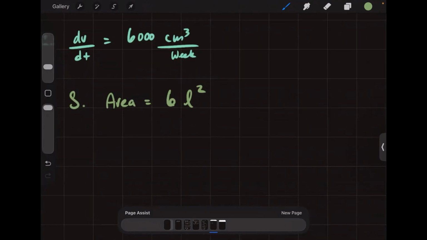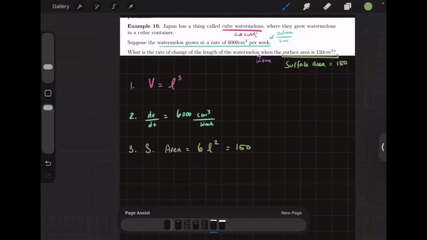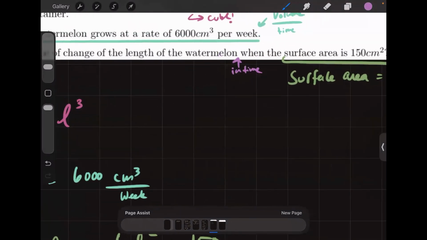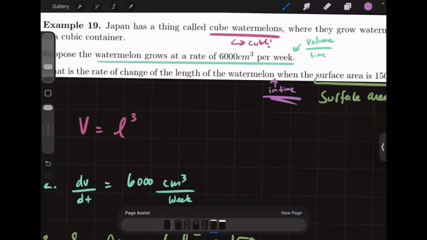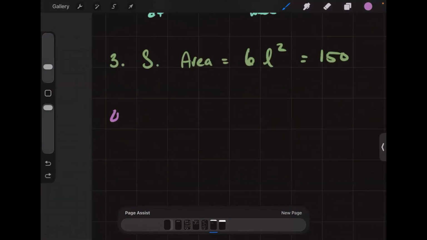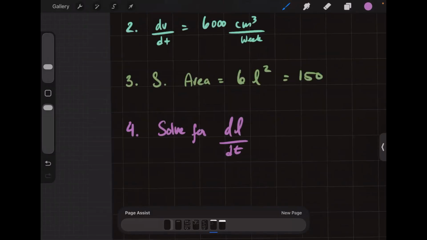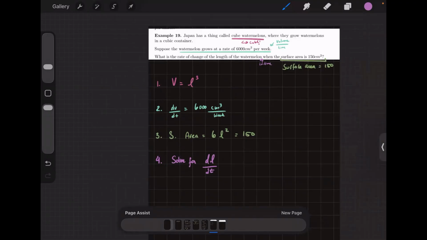And we know that that is equal to 150. And the question is solving for the change of the length relative to time. So 4 is solve for dL/dt. We can do that.